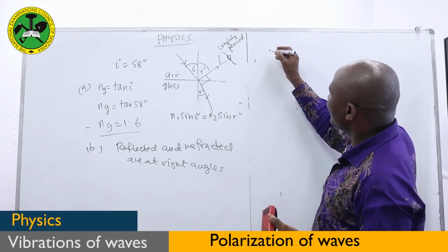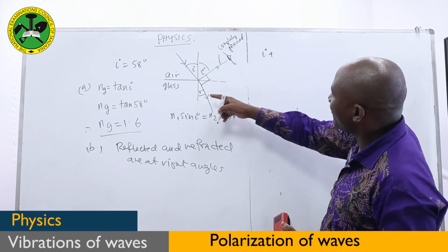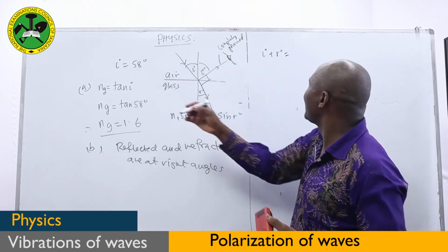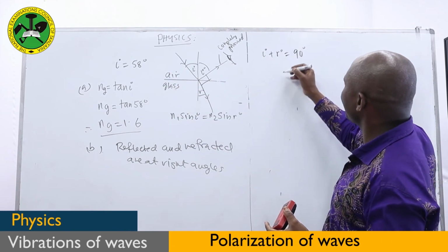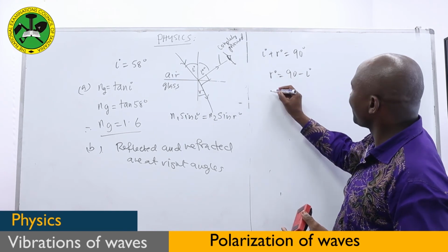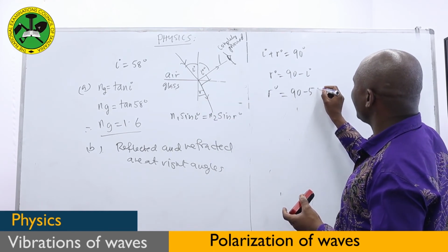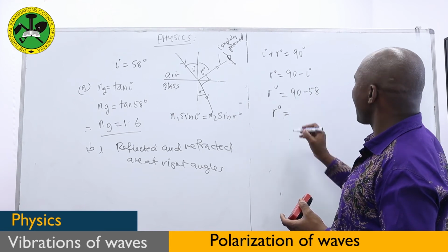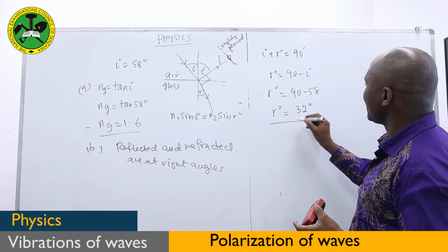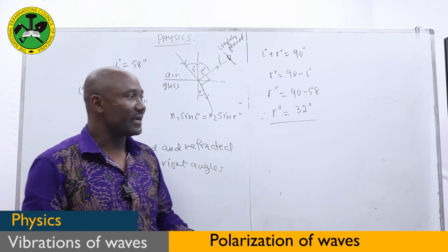If this is 90, then I, the angle of incidence, plus R, the angle of refraction, gives 90 degrees. So R equals 90 degrees minus I. What is our angle of incidence? 58. So 90 minus 58, R equals 32 degrees. That is the angle of refraction of the transmitted beam in the second medium.